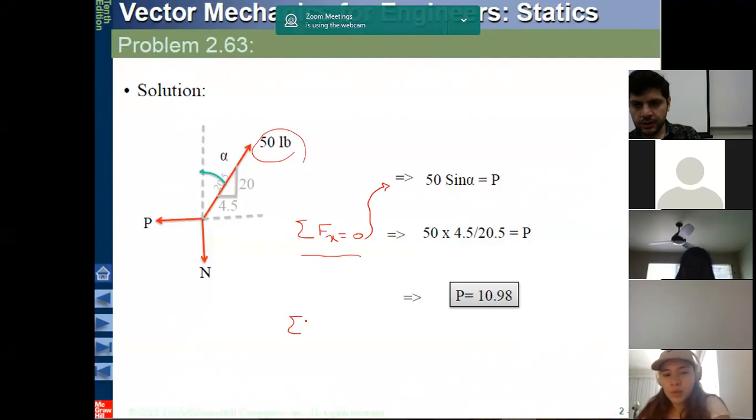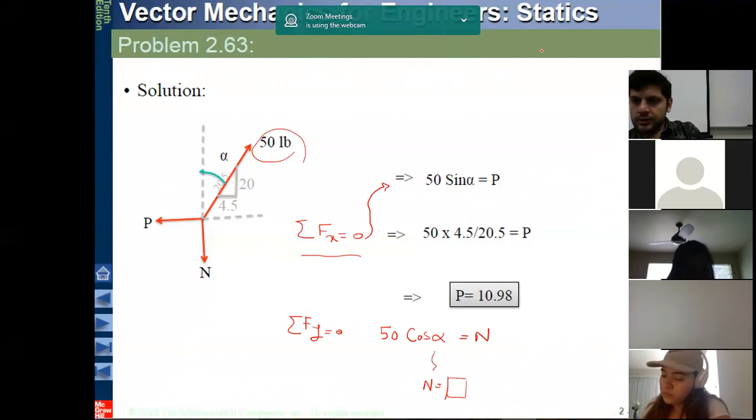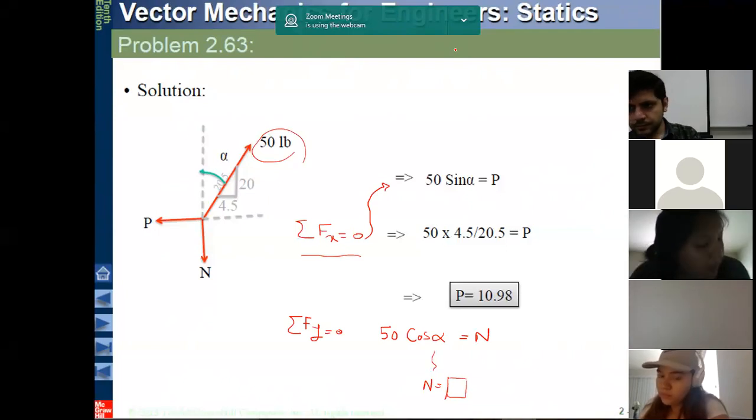But if you write sigma fy equal to 0, then you would get 50 cosine alpha equal to N. And this is how you can derive N. Any questions? Good.